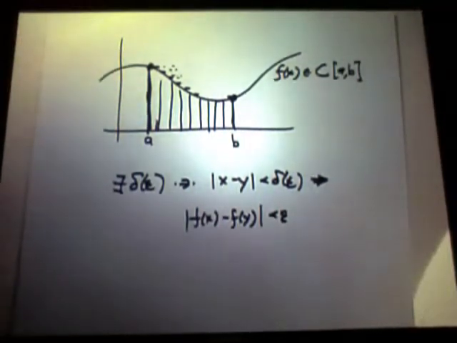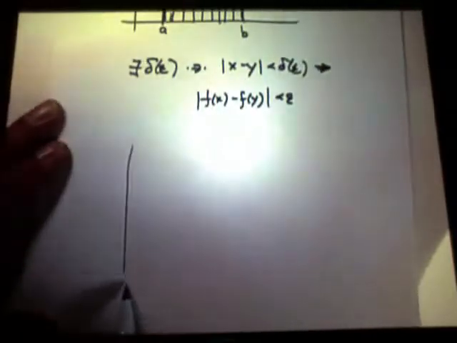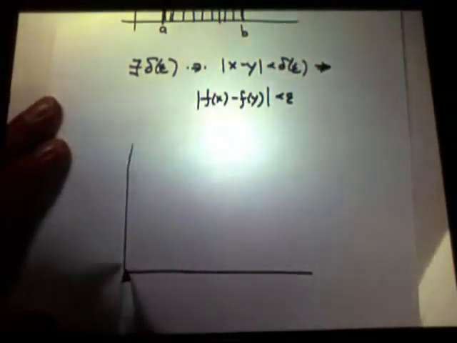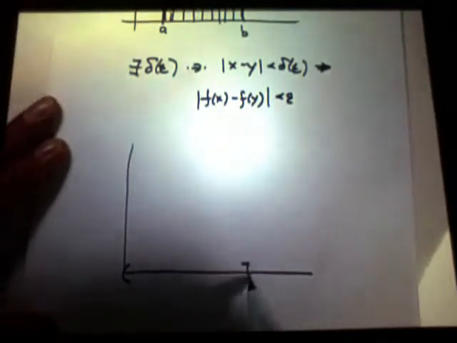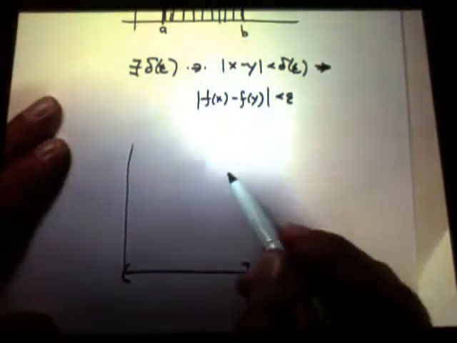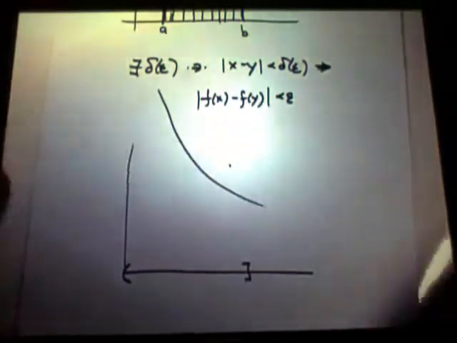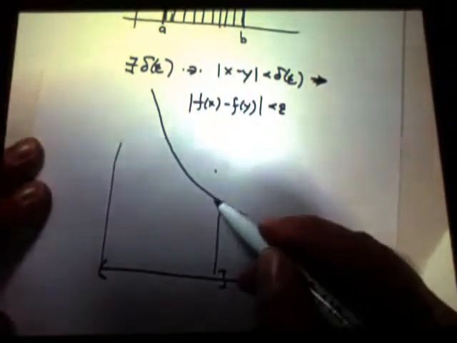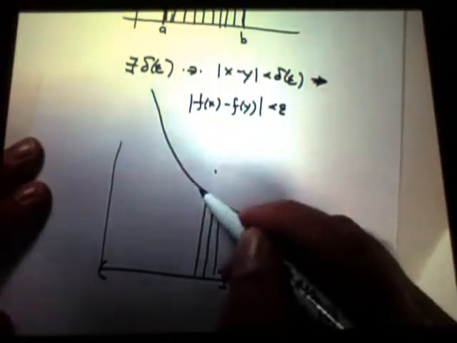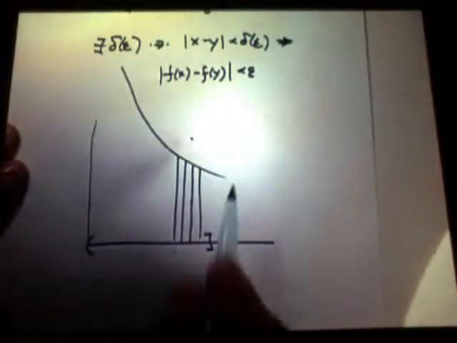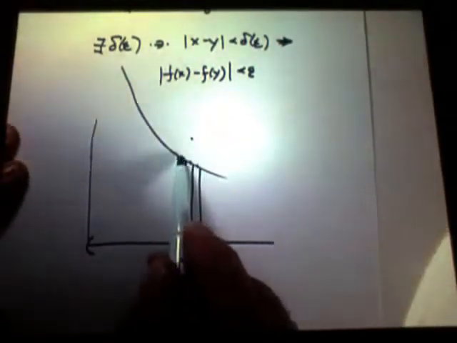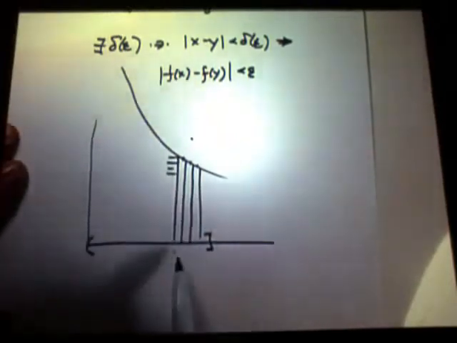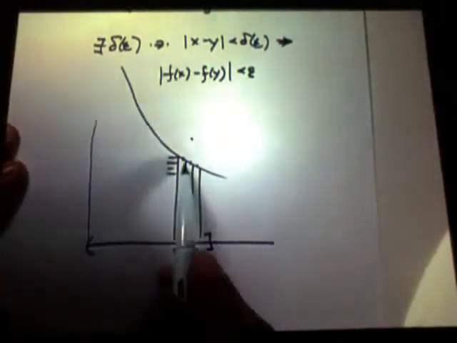Suppose I had an interval upon which the function was continuous but not uniformly continuous. Suppose I tried to integrate 1 over x on the interval open at 0 and closed at 1. To get a decent Cauchy or Riemann sum, I can certainly find deltas at each one of these interior points so that the variation of the function is no greater than epsilon if I stay below the delta appropriate for that point.